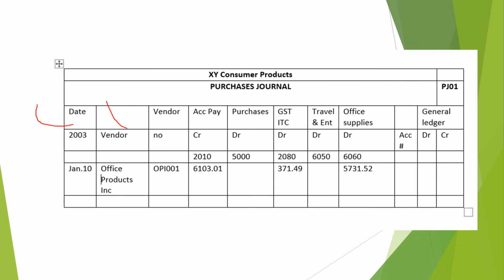The date is the day when the invoice was written or sent to your company. Here you write the vendor's name, then the vendor's number, and you write your accounts payable, which is a credit.